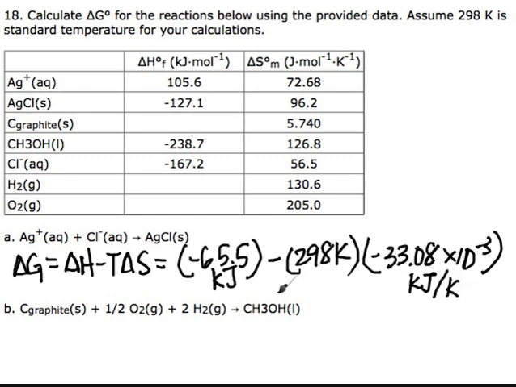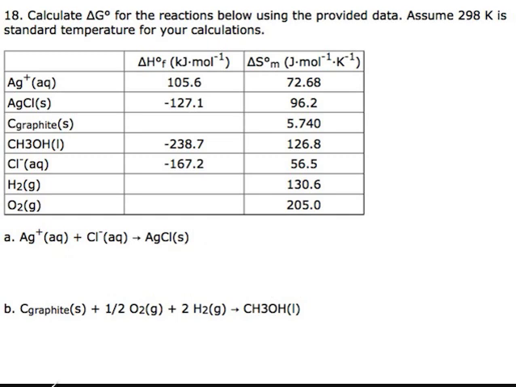Okay, and so this equals minus 55.64 kilojoules. Okay, and so therefore this is going to be a spontaneous reaction at standard temperature because it's negative. Okay, now let's do part B.